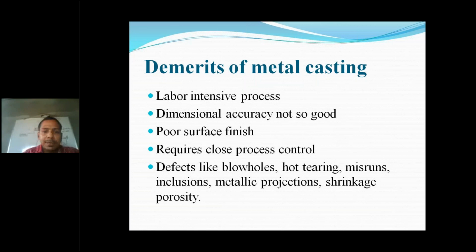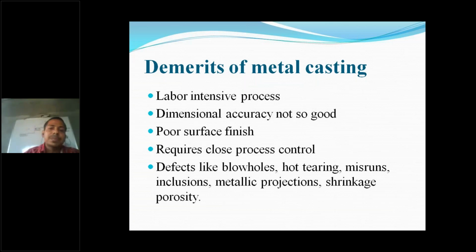Suppose the ingredients we use are sand, then clay, moisture, and binders. Now if the clay percentage is very high, what happens? Obviously when the clay percentage is high in the molding sand, then we'll get higher strength in the sand. But at the same time, we'll compromise the porosity in between the sand grains.